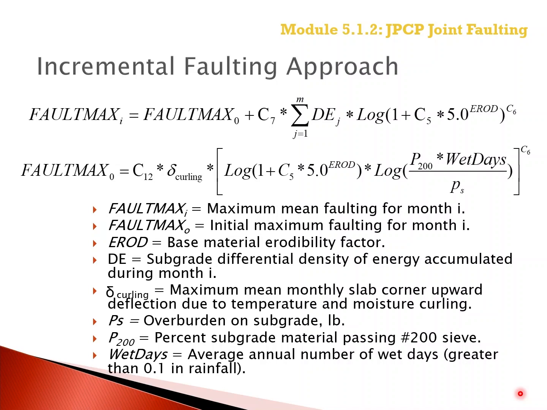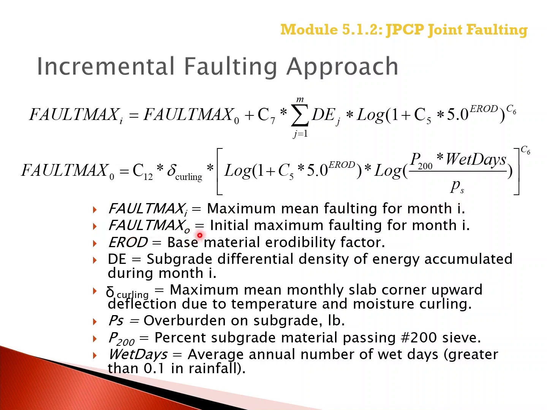The increase in faulting is calculated by the subgrade differential density of energy and the erodibility factor calculated within the time increment itself. The terms in the incremental faulting approach are listed and defined on the slide and include, basically, fault max, the maximum mean faulting for month i.